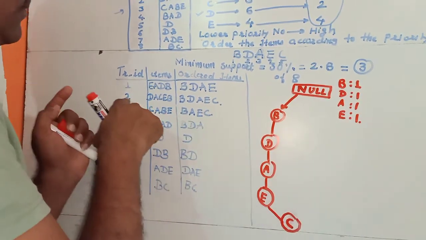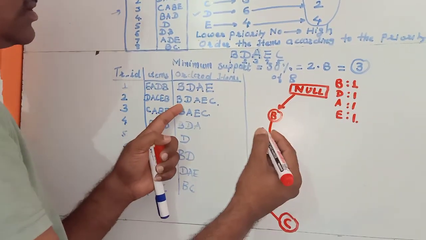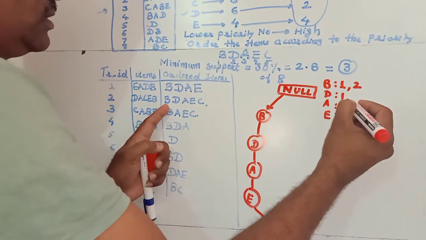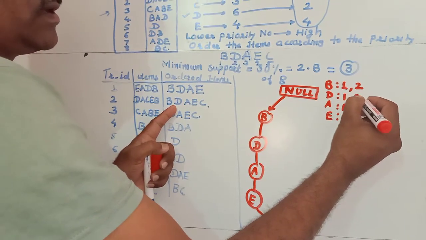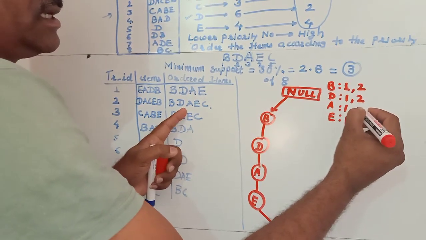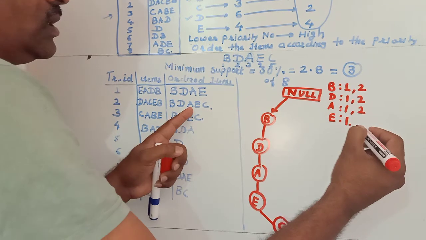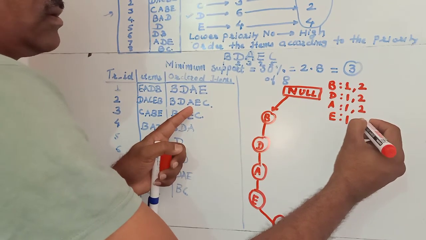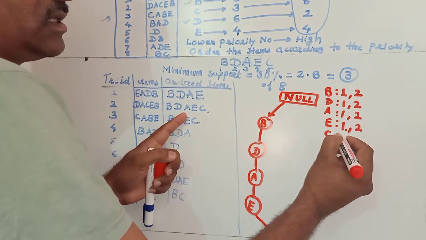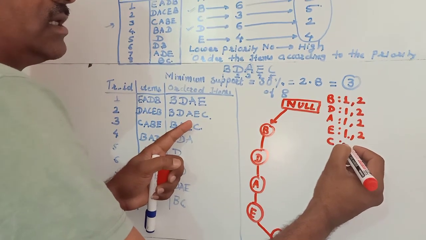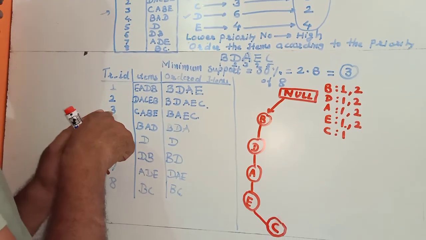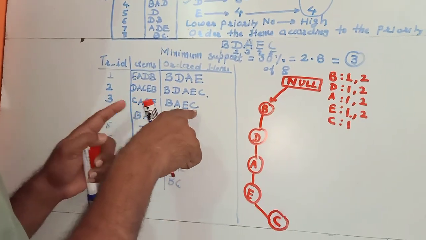For the second transaction, B is occurring a second time, so we write 2. D is the second time, so 2. A is the second time, so 2. E is the second time, so 2. And C is occurring for the first time, so we write 1.